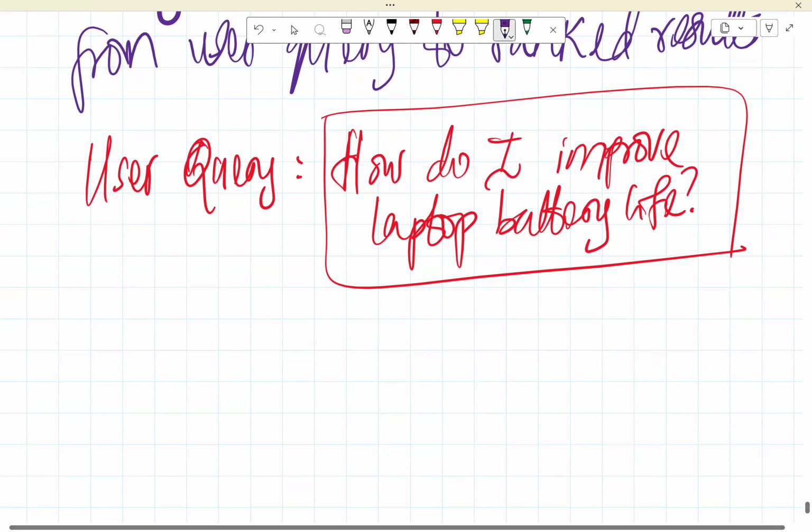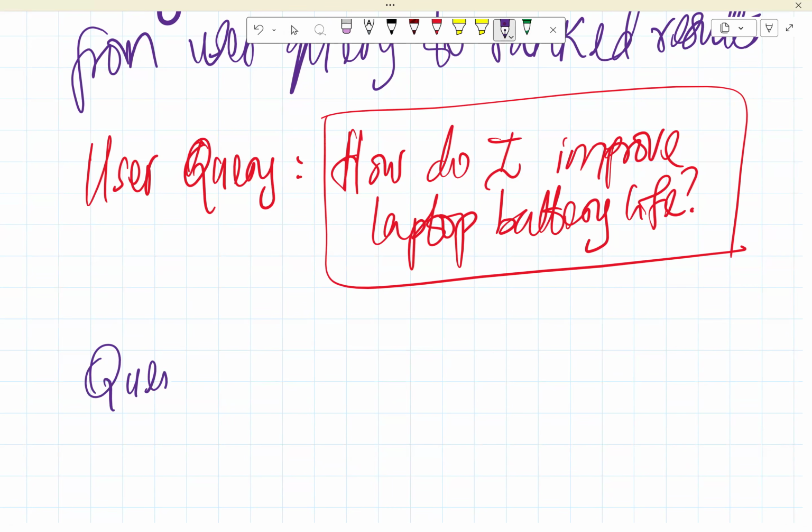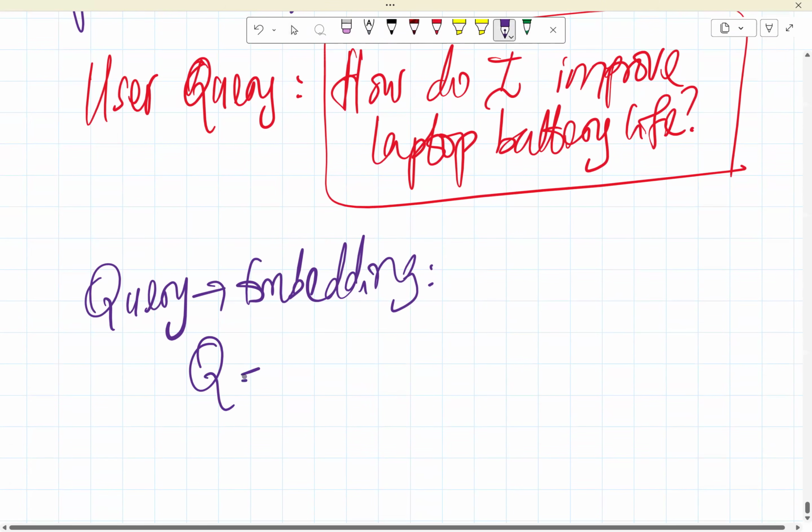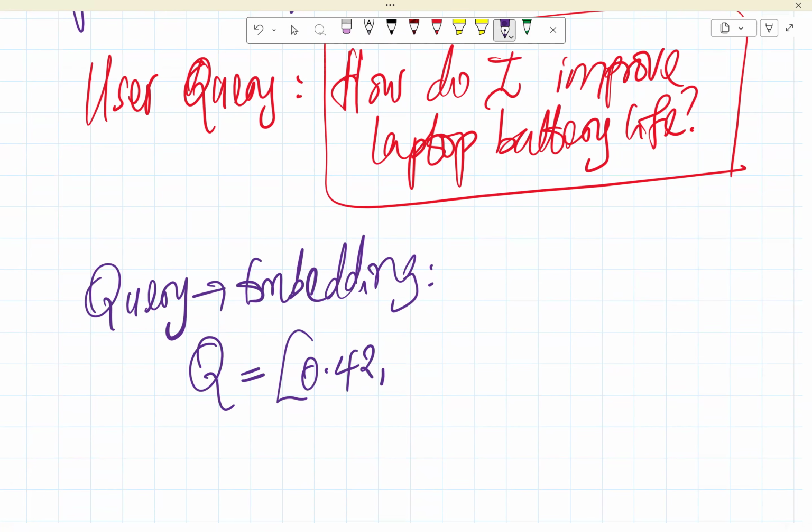Now, that's step one, right? Step two, convert the query to an embedding. So the query is converted into an embedding, something like this. Maybe the whole sentence is embedded as 0.42, minus 0.18, 0.91, and so on and so forth.